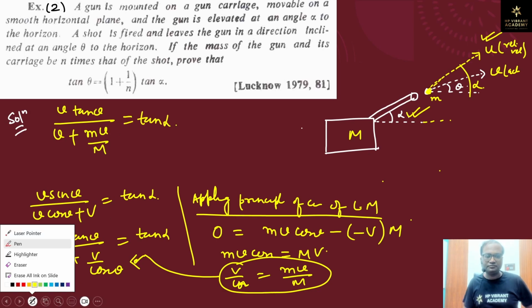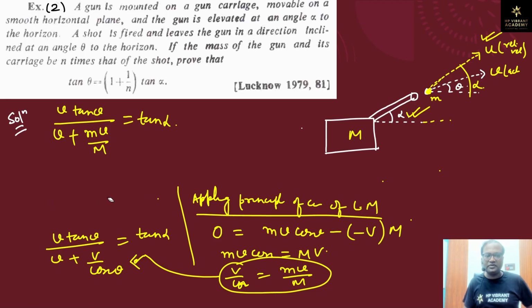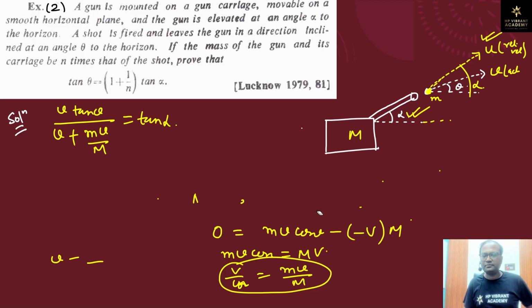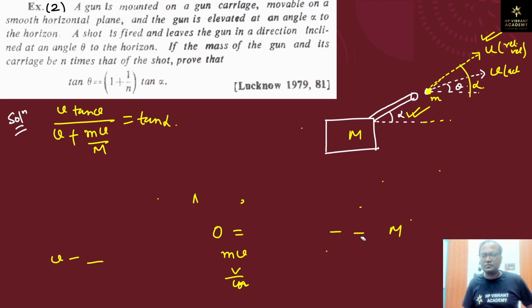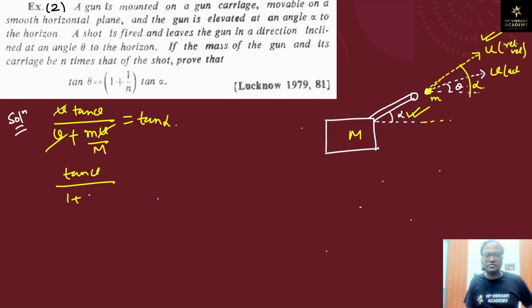Now we can cancel the small v. So we have tan theta upon 1 plus small m by capital M is equal to tan alpha. So tan theta is equal to 1 plus small m by capital M into tan alpha.